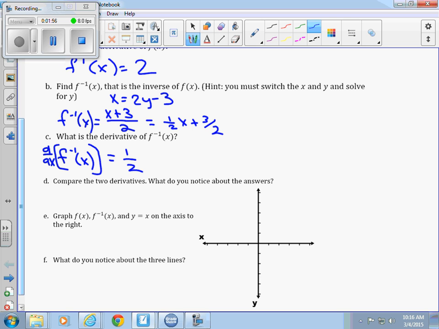So it says graph f of x and f inverse. So f of x is, what was it, 2x minus 3. And we have f inverse and the line y equals x.